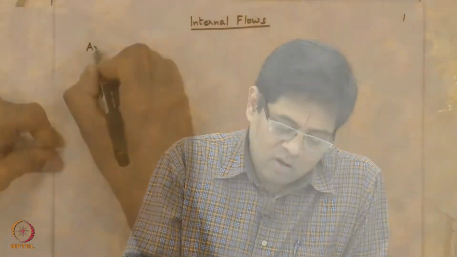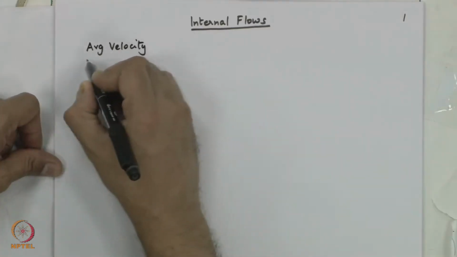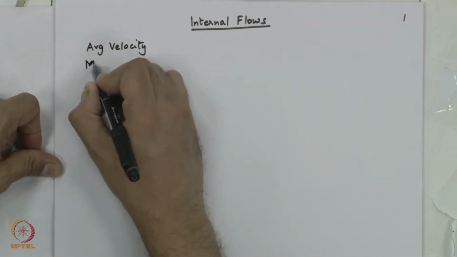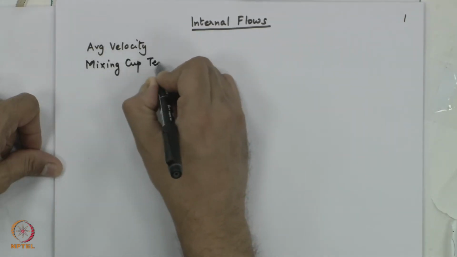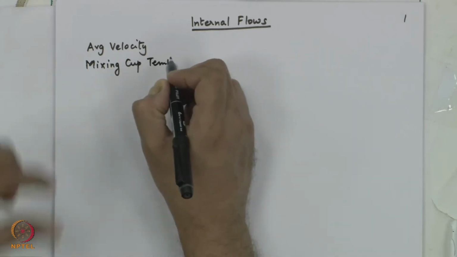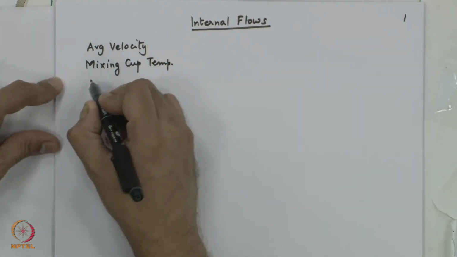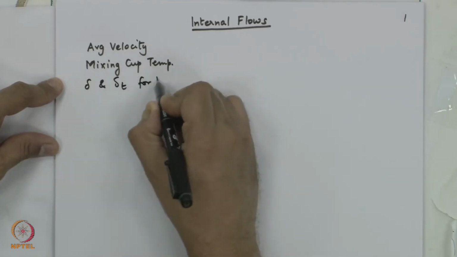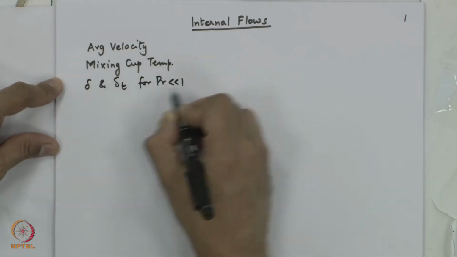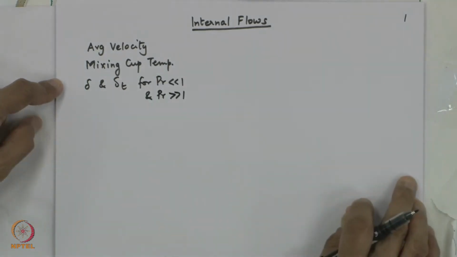So, we are going to talk about the concept of average velocity, mixing cup temperature, then we will talk about hydrodynamic and thermal boundary layers for Prandtl number less than 1 and Prandtl number greater than 1 cases.